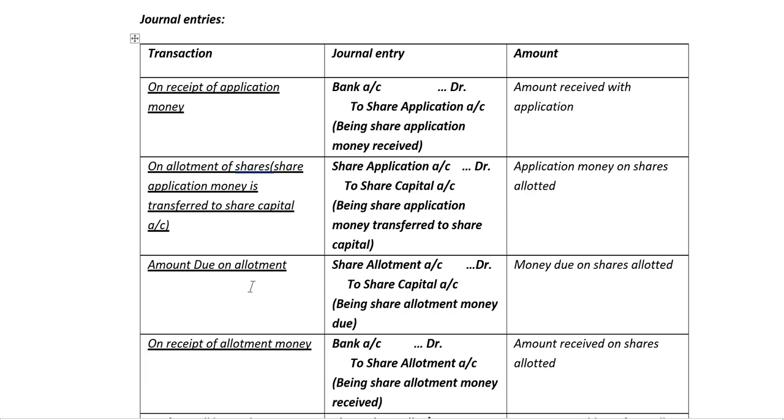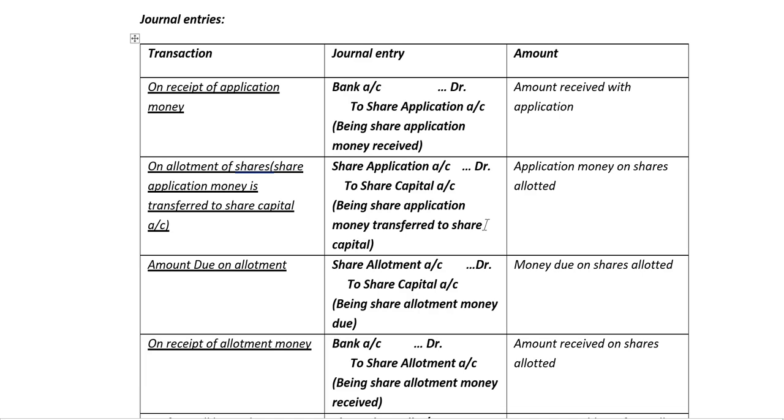Now when the second installment called the allotment money is due, the journal entry to be passed is share allotment account debit to share capital account, being the share allotment money due. The amount is the money which is due on the shares which have been allotted.